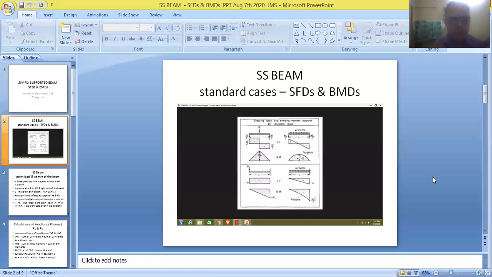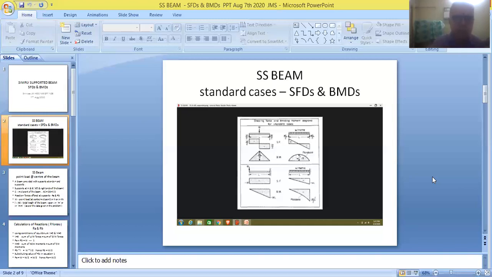That means we have to prepare shear force and bending moment equations. These equations will be different for different portions. So generally, for making these calculations, the length of the beam is divided into 2 or 3 portions. Now, in this case, this is a standard case. We are dealing with the fundamental cases. So here the beam is divided into two portions.